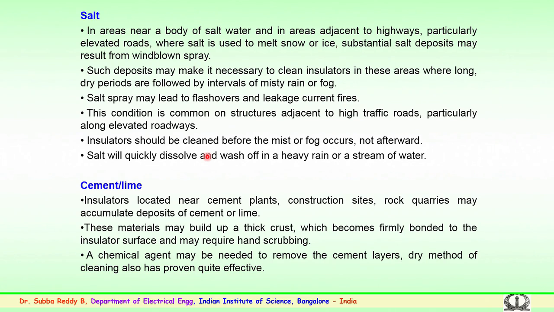It requires hand scrubbing, as the cement or lime settles on the surface and becomes hard. So, a chemical agent may be needed to remove the cement layers. Usually, the dry method of cleaning has also proven to be quite effective.